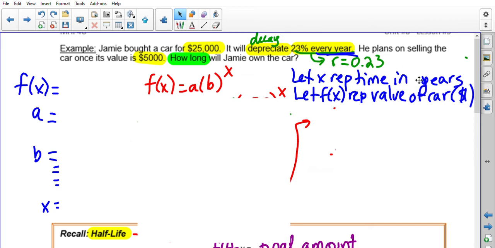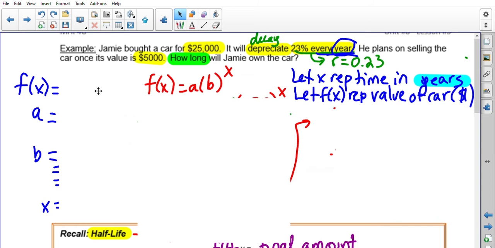The reason I'm choosing years, I'm going to highlight here, is that time in years is chosen because the decay rate was per year. Because the rate was per year, I'm going to do time in years so it matches up. And we're going to let f of x represent the value of the car.